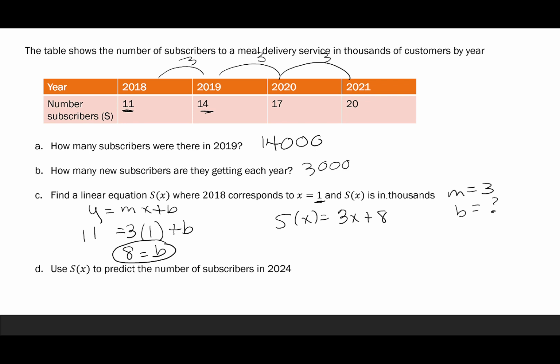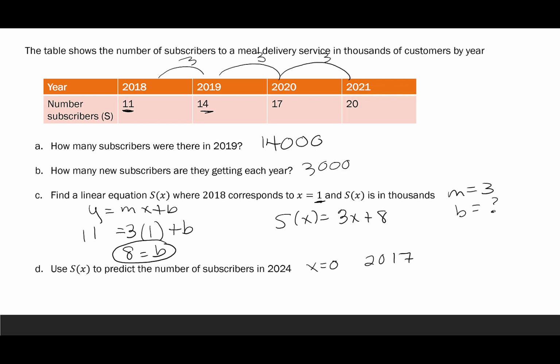So we're going to take this information and make a prediction, right? So we're going to say what happens in 2024. So we stopped at 2021. We want to go a little farther. What I want you to see is x equals 0 corresponds to 2017, 1 year before 2018.